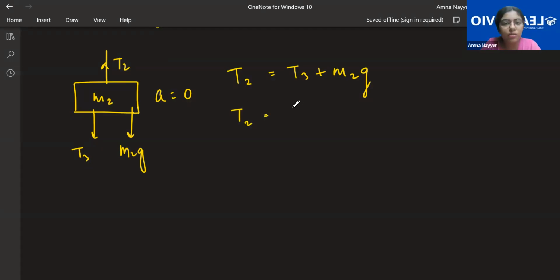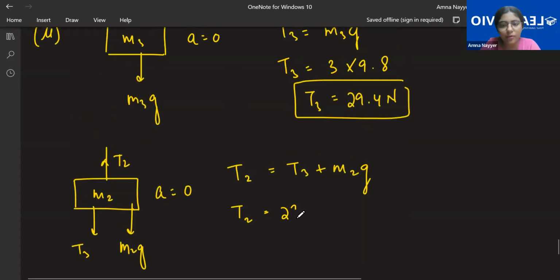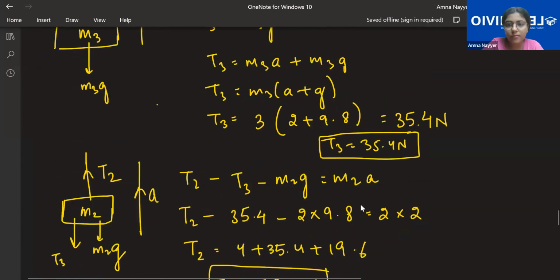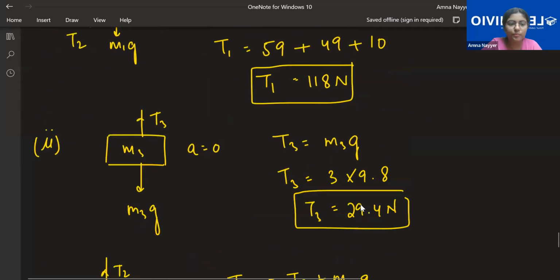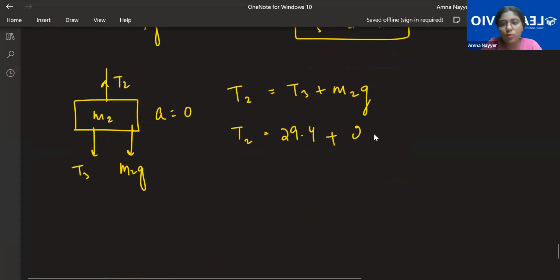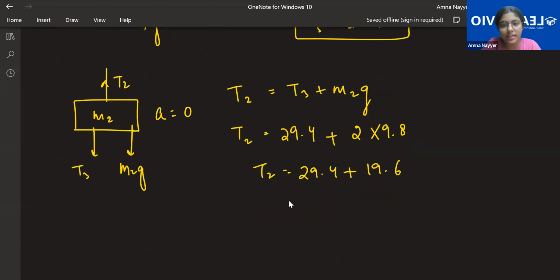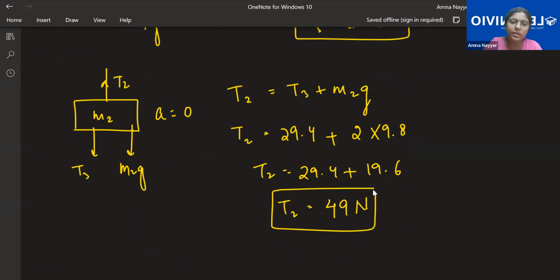So T2 will be equal to T3 is 29.4 plus M2, what's M2 given? 2 kg. So it will be 2 into 9.8, which is 19.6, 29.4 plus 19.6, 49. T2 will be 49 Newton.